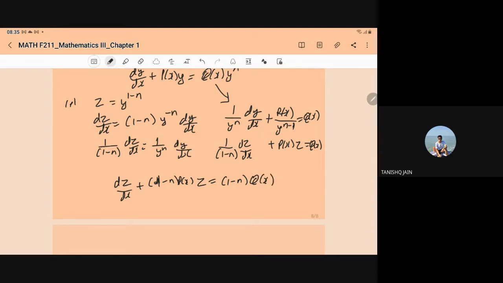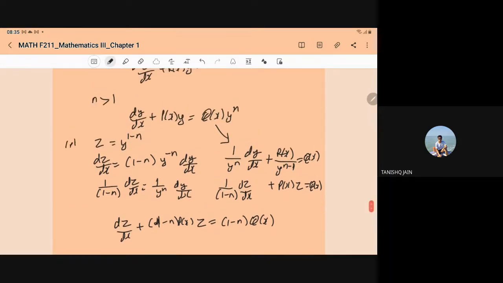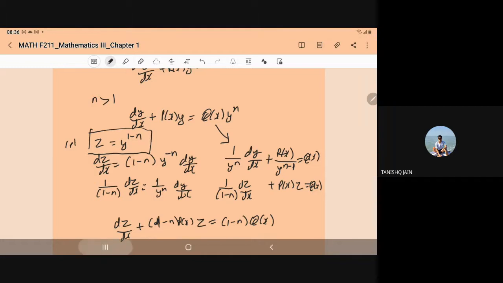Or you can say it is dz by dx plus p dash x z is equal to q dash x. So what is this? It is a linear equation. So with this substitution, you have reduced your non-linear equation into a linear equation.